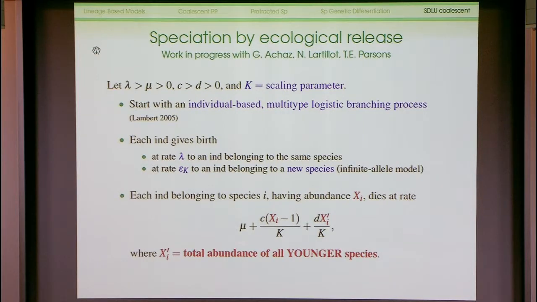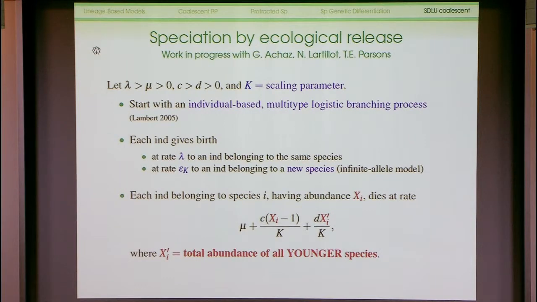And this formula says that you have a natural death rate mu, an intraspecific competition rate C and an interspecific competition rate D, and we assume that C is larger than D. Okay, so the intraspecific competition rate is greater than the interspecific, but here only for younger species.